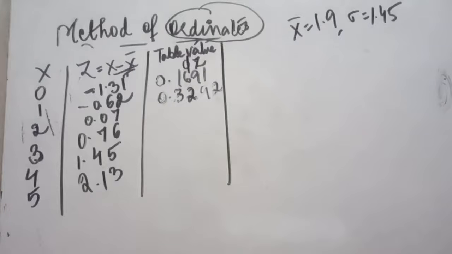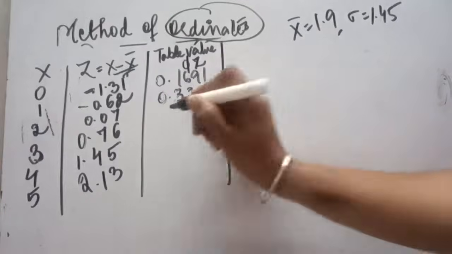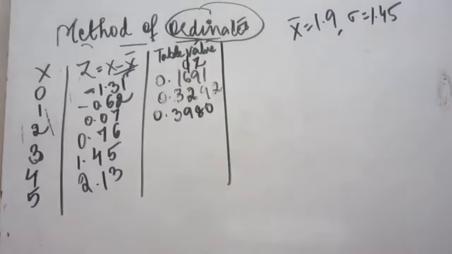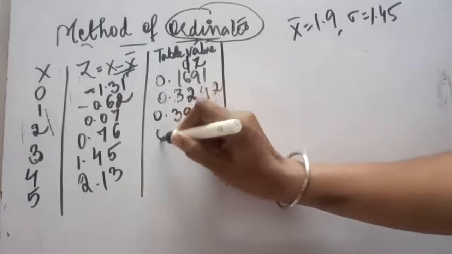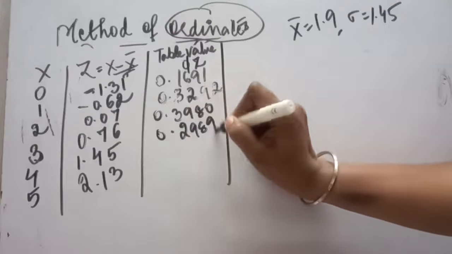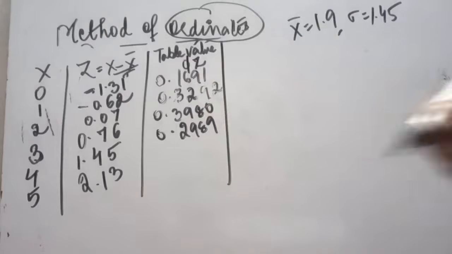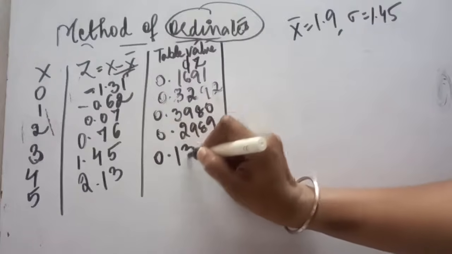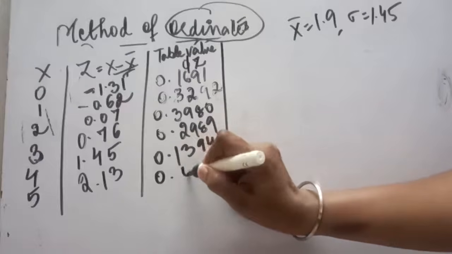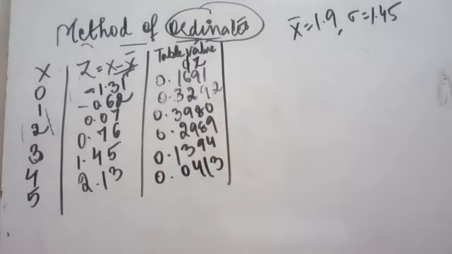The value of 0.07 is 0.3980. The value of 0.76 is 0.2989. The value of 1.45 is 0.1394, and the value of 2.13 is 0.0413. So from that table we have just noted down these values.